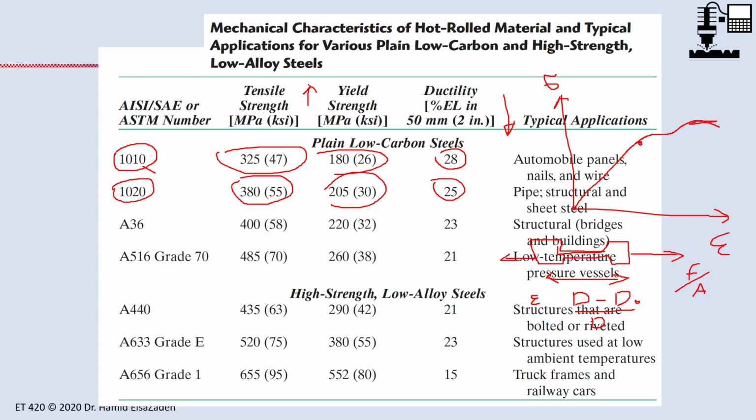This is the strength of the material. When you add carbon, this strength goes up, but ductility is going to be lower.